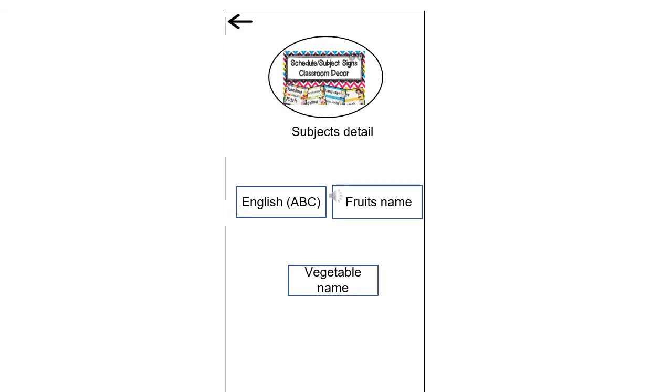In this app, the subject detail portion shows the English alphabets, fruit names, and vegetable names.